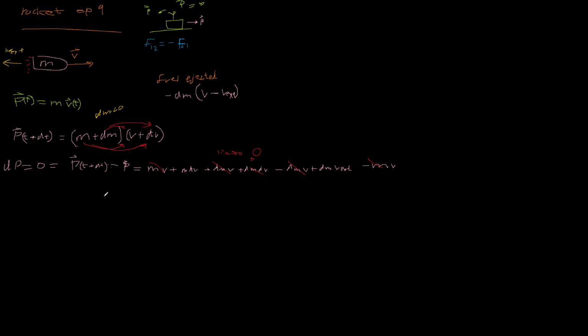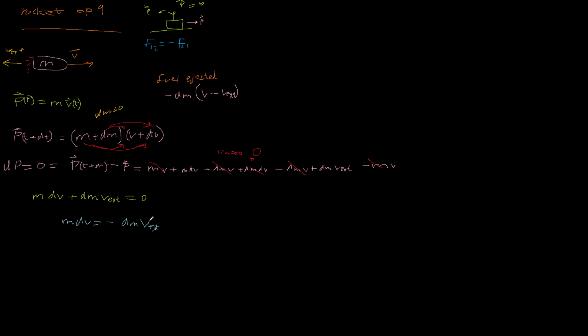So what do you get? We get m times dv equals dm times our external velocity. So we can move this around: mdv equals negative dm v external.